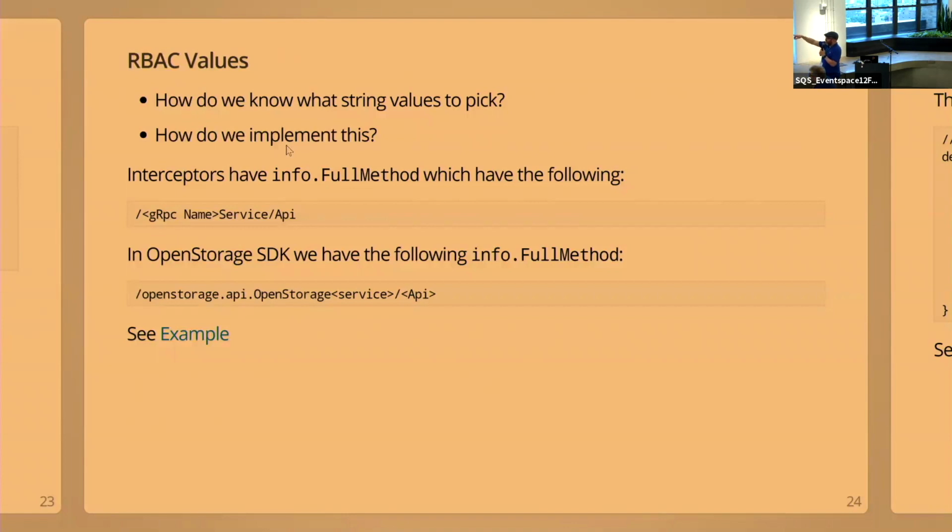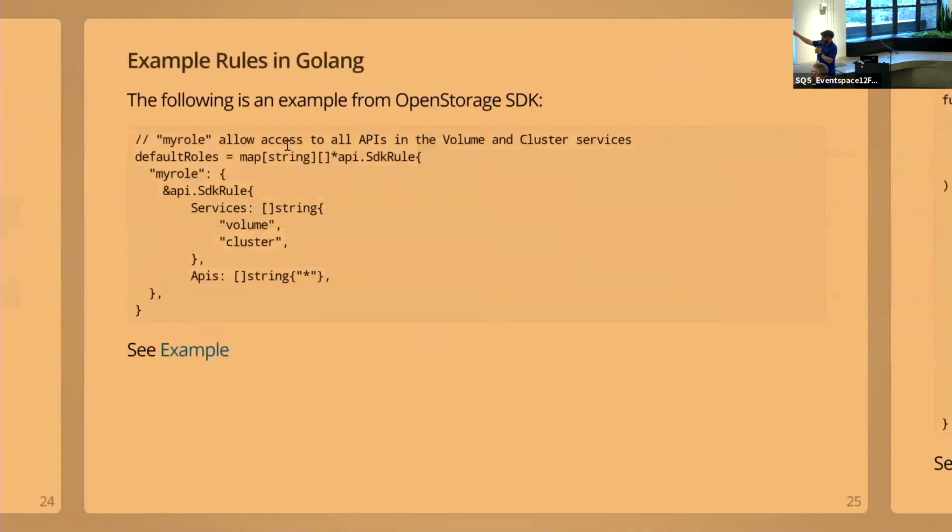So what we did in OpenStorage is rip the OpenStorage API prefix out of the service name, put everything in lowercase, and now I just have service and API. We pretty much ripped the service and API out of the call, and we use that for our information. It looks like this in Golang.